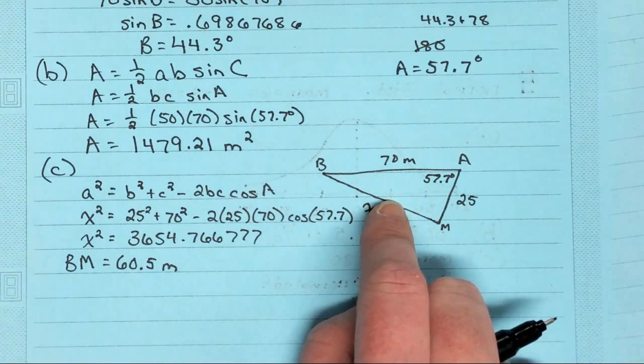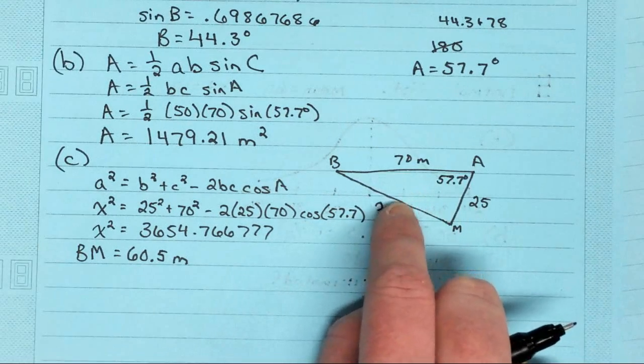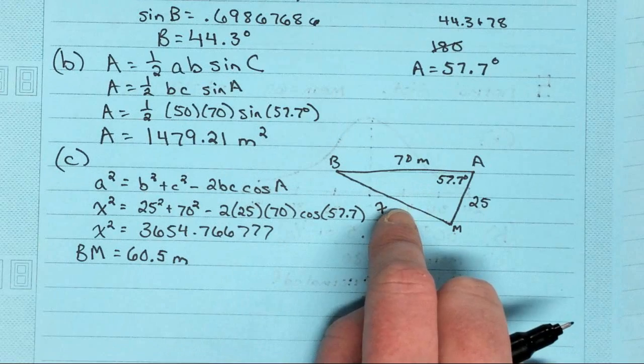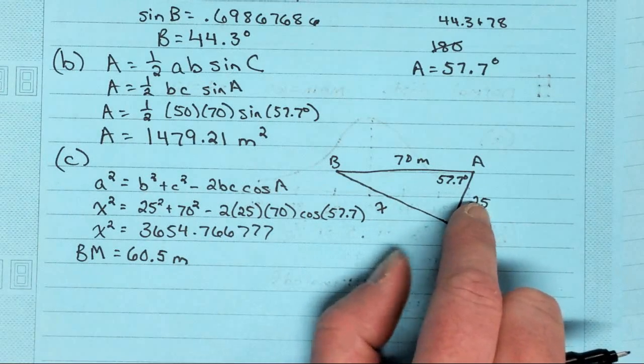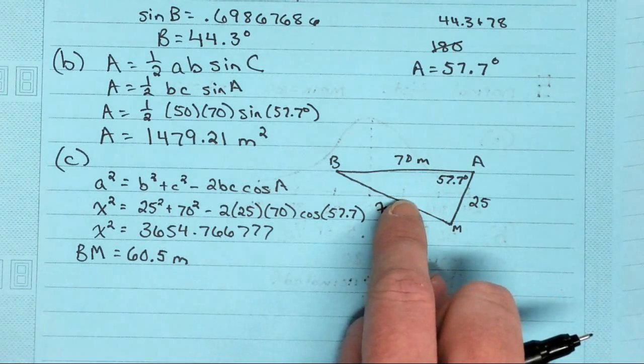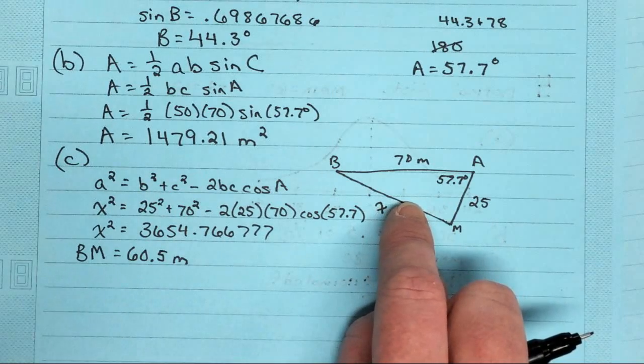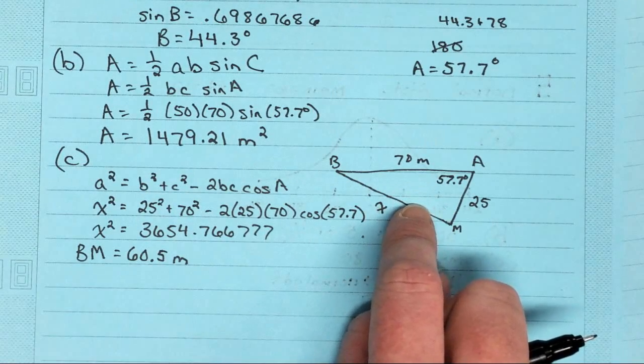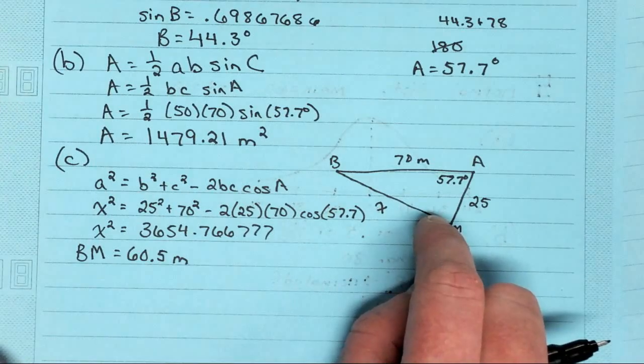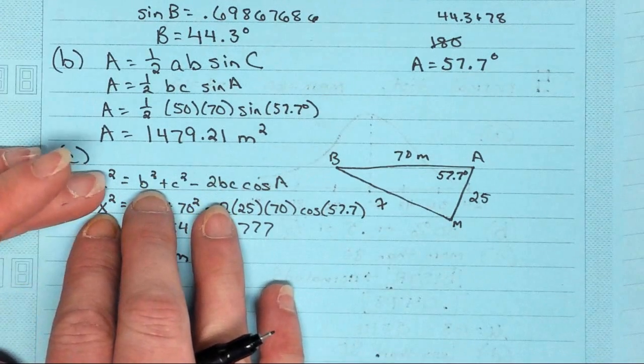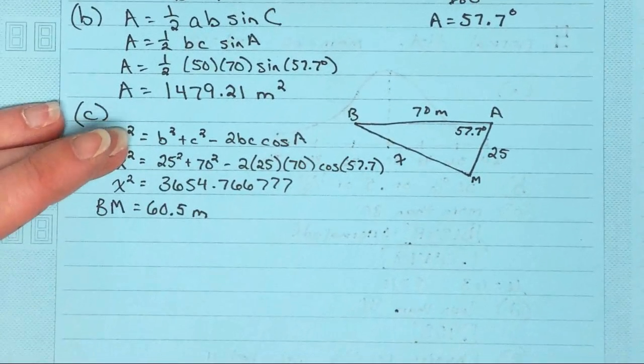Smaller. Yeah, that side's pretty long comparatively. So this one's going to be smaller than 70, but bigger than 25. If you came up with something, I don't care what, like if you thought it was 55, you might miss this part, but maybe you could do part D with that wrong answer.